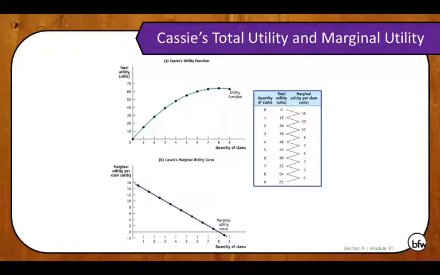The slope becomes negative beyond 8 clams. Now, if you look at the shape of the marginal utility function, you will see that it is declining, but once we reach the 8th clam, marginal utility becomes negative and goes beyond the horizontal axis.